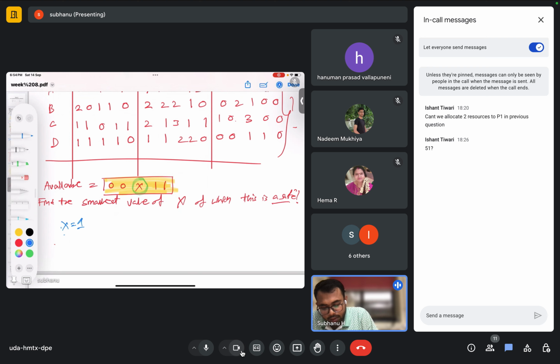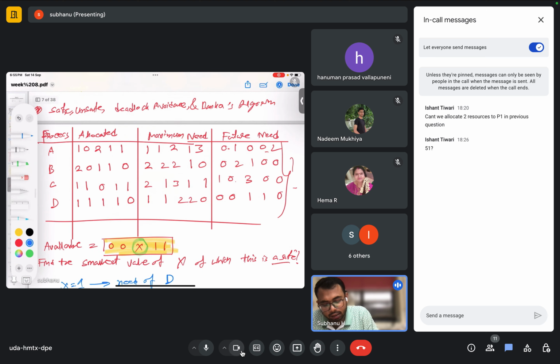If x is equal to 1, then it can satisfy the need of process D. For the maximum need, the future need of D is 0 0 1 1 0, and available is 0 0 1 1 1. I have put x is equal to 1 here.